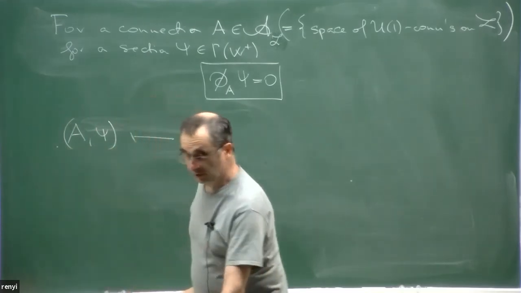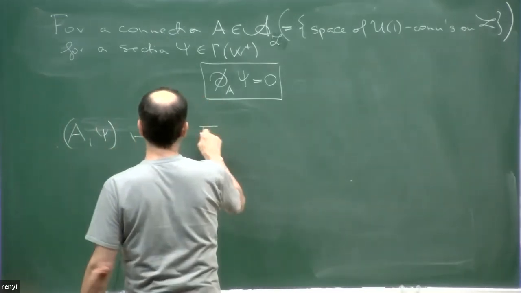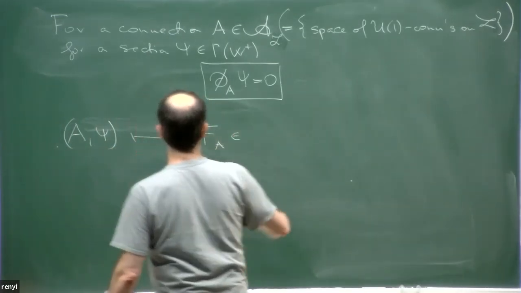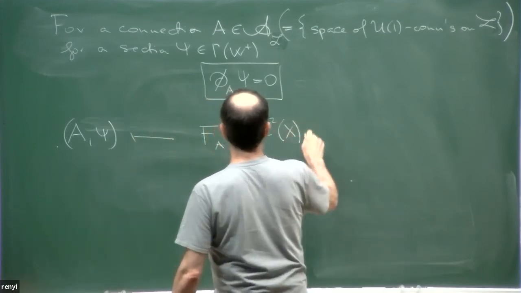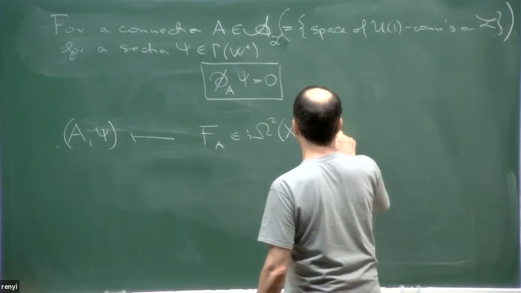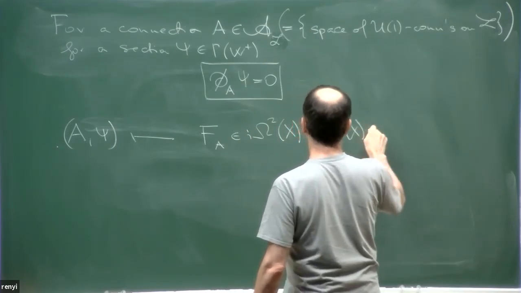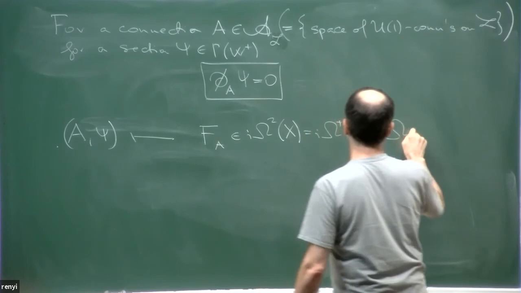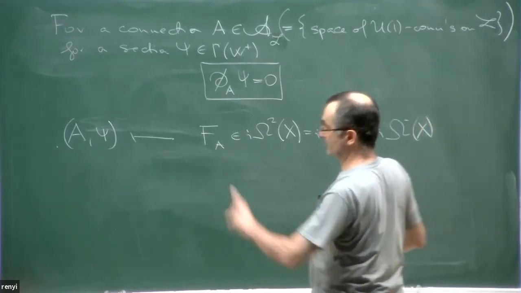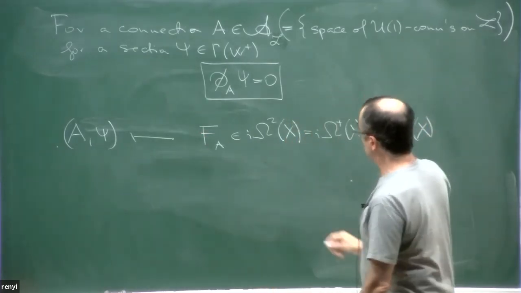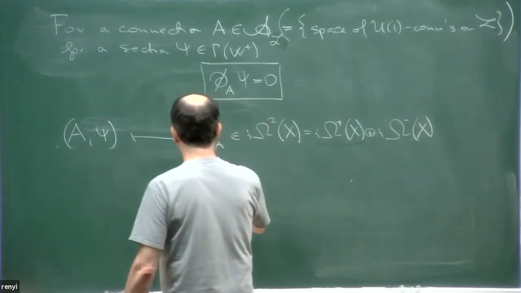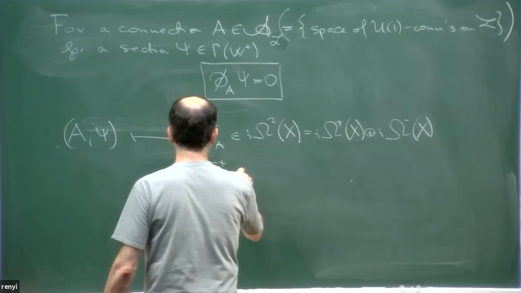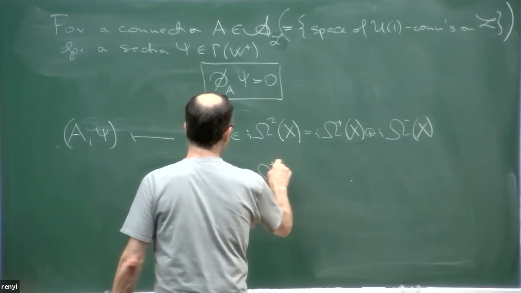The connection admits a curvature F_A, which will be an imaginary valued 2-form, which splits as the sum of the positive and the negative part, as we did for the lambda before. And so we can take the projection to the first part. So we get F_A plus, which is in here.